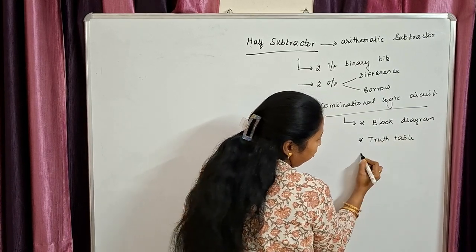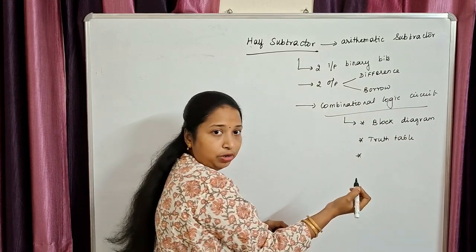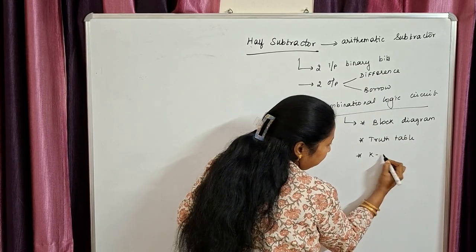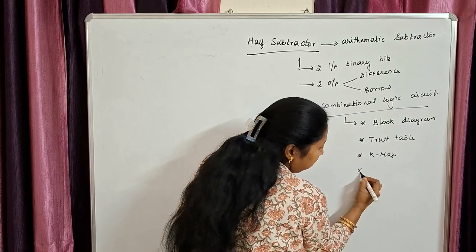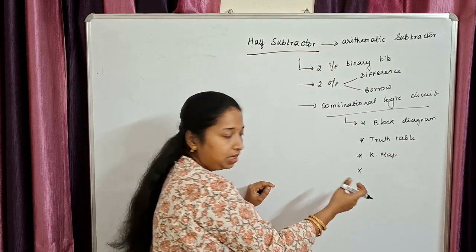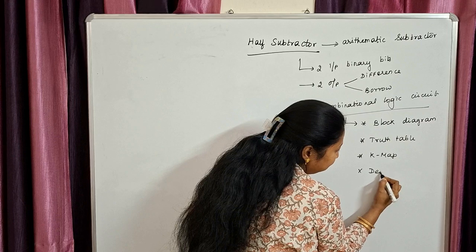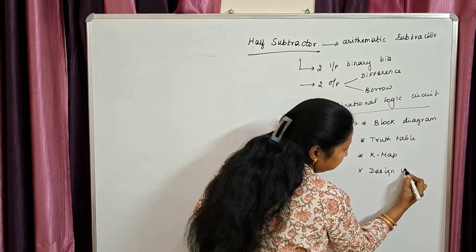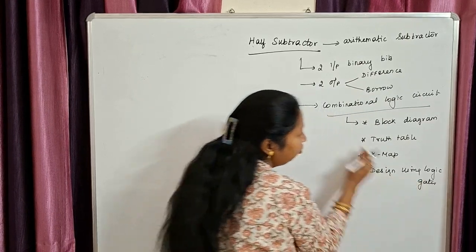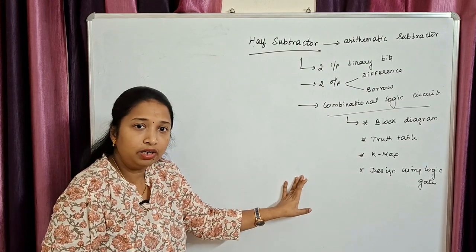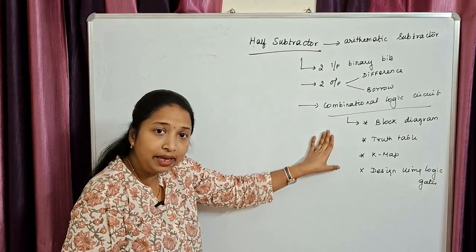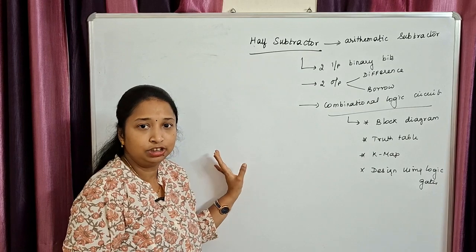And from the output of your truth table, you have to find the Boolean expression. For that, you need K-map. Then, after finding the Boolean expression from the K-map, your final step is designing using logic gates. These four steps are very important. These four steps are the basic steps to any design procedure.